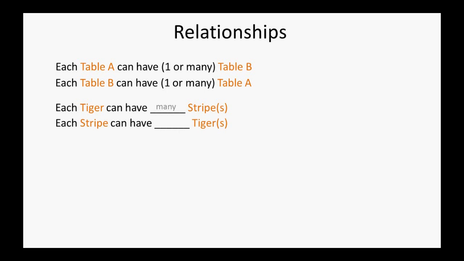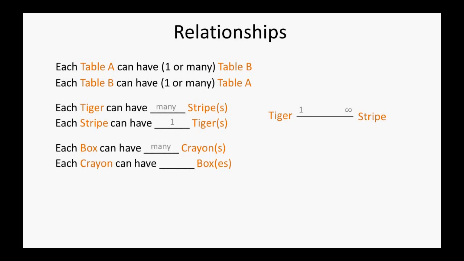Each stripe can have one tiger. So therefore the relationship becomes a one-to-many relationship. Each box can have many crowns. Each crown can have one box. So therefore it becomes a one-to-many relationship.